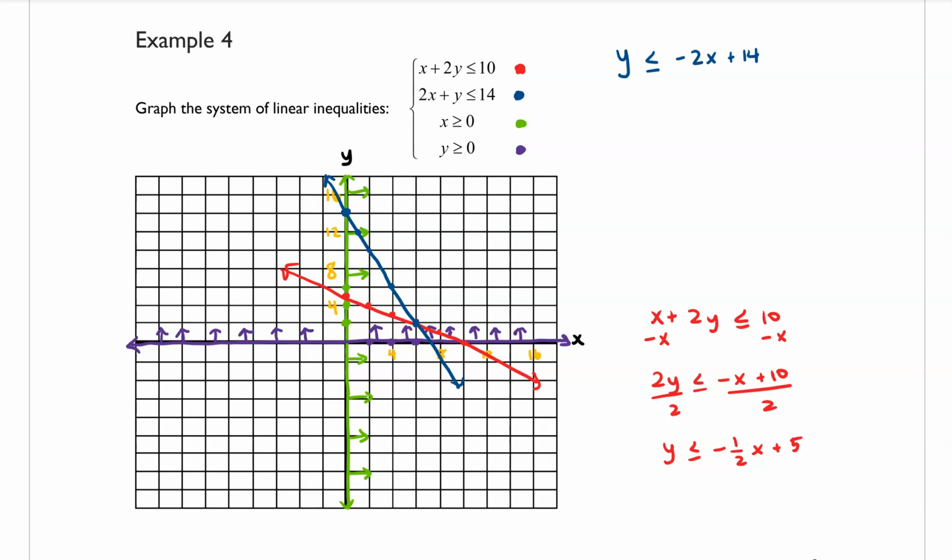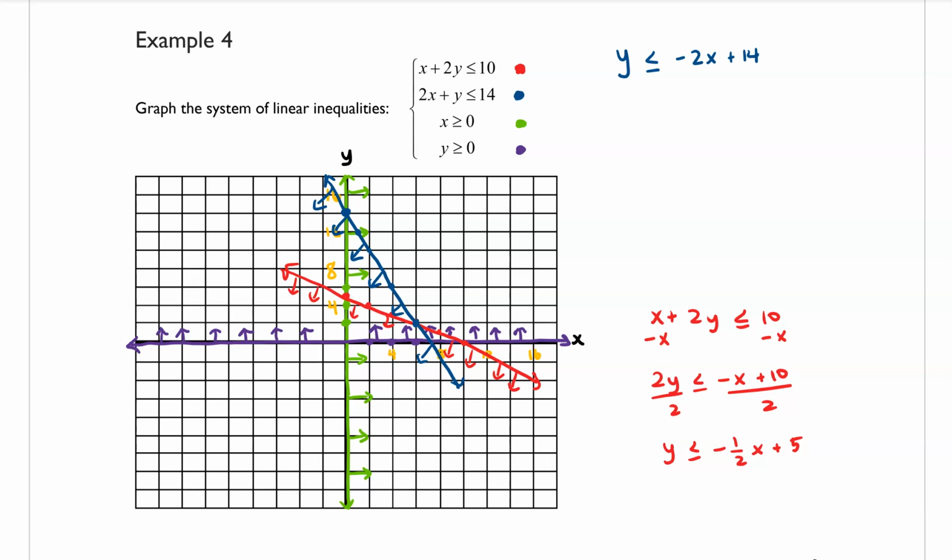Okay. Now, my goodness, we need to figure out where we are shading. So I've already gone ahead and done that, and it turns out, I've been doing this for quite some time, so I know that we're going to shade on this side of the red line, and we're going to shade on this side of the blue line.